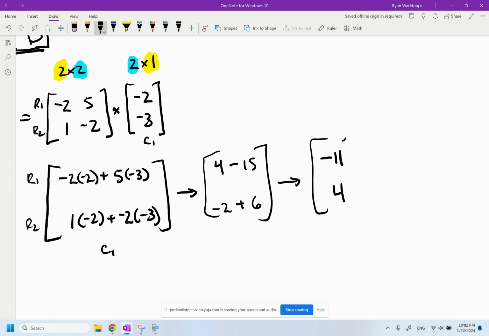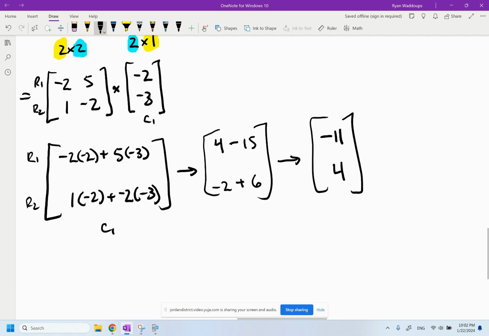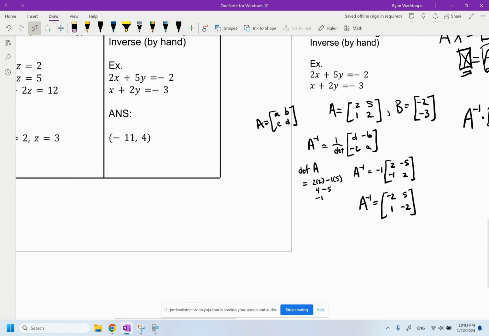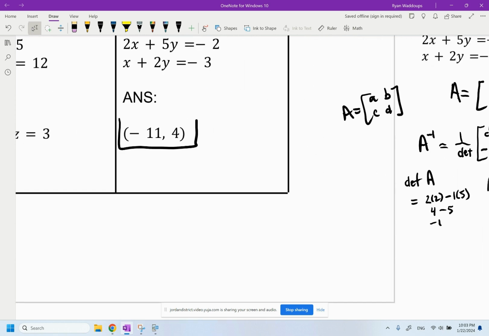And so that is our solution. To make sure you know how to interpret it, it's the ordered pair -11, 4, where -11 represents x and 4 represents y. And that's the solution that we get, -11, 4. And that's what we had. All right, thank you.